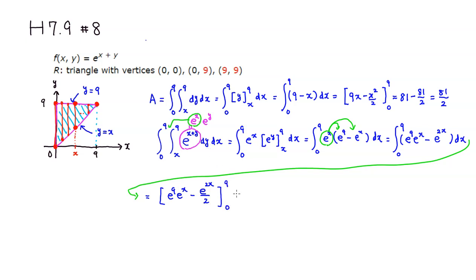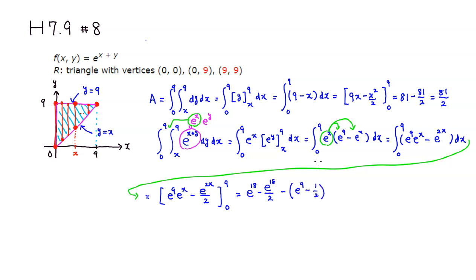So you plug in 9: e to the 9 times e to the 9 is e to the 18, and plugging in 9 here, minus e to the 18 over 2. And minus, if you plug in 0, e to the 0 is 1, so you have e to the 9, and e to the 0 is 1, so minus 1/2.